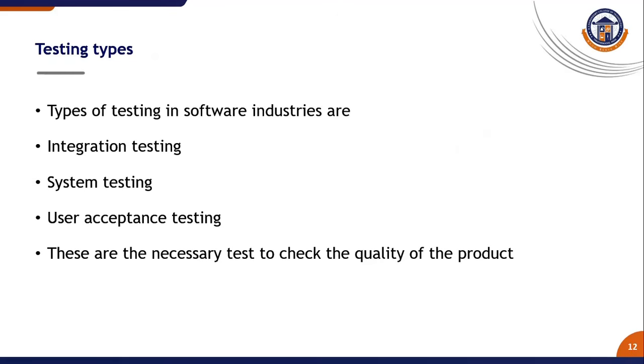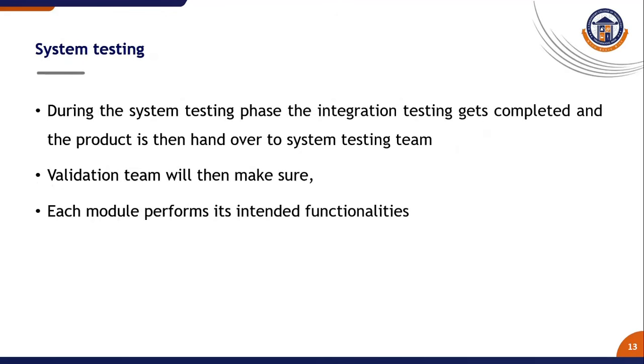There are different types of testing: integration testing, system testing, and user acceptance testing. These are the necessary tests to check the quality of the product. System testing: during the system testing phase, the integration testing gets completed and the product is then handed over to the system testing team.